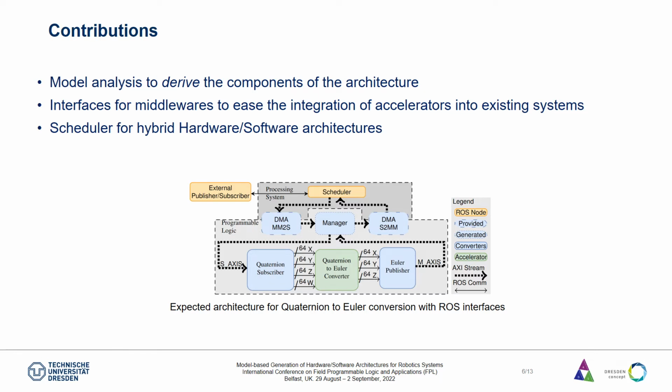Our first contribution is the comprehensive analysis of the system specification to derive the holistic model that includes all components to generate, their characteristics, interfaces, and how they all interact among each other. The second one is the generation of interfaces for accelerators based on middleware specifications to ease their integration, and the last one is a tailored scheduler for hybrid hardware-software architectures.